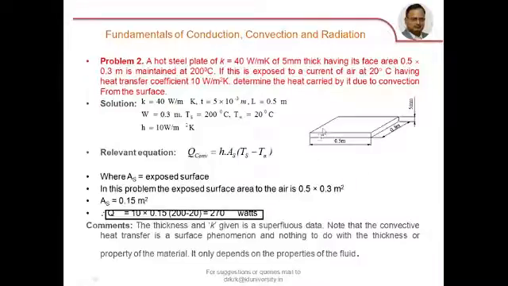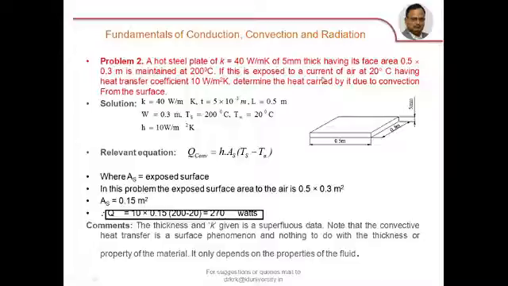Another problem, on convection. A hot steel plate, again say thermal conductivity 40 watt per meter Kelvin, of 5 mm thick, this is shown here, having its face area 0.5 into 0.3 meter square, is maintained at 200. The surface temperature is maintained at 200 degrees centigrade.